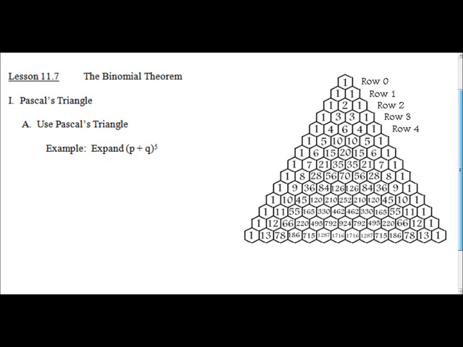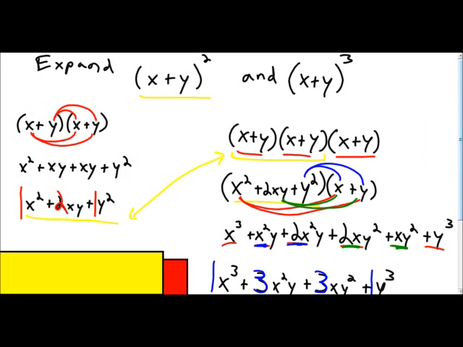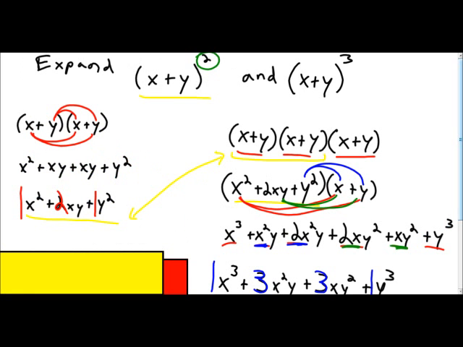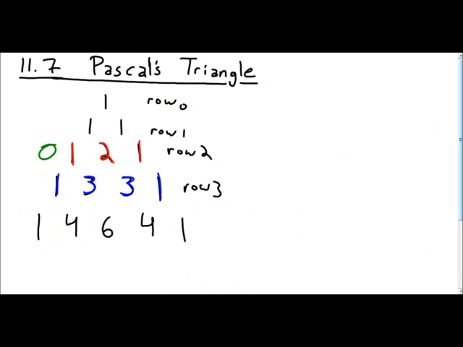So, like I said, noticing from before, when we went to the power of 2, we were looking at the second row. And when we were going to a power of 3, we looked at the third row right here.